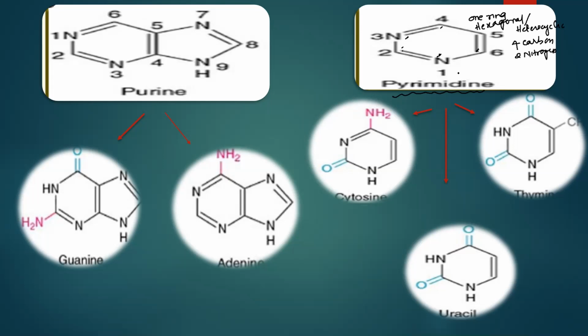The nitrogen atoms are in the first and third positions, and the rest of the positions are occupied by carbon. So you have 1, 2, 3, 4 carbons, and in the first and third positions you have nitrogen.